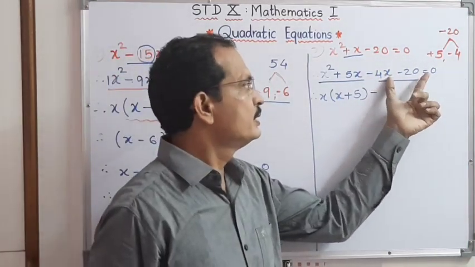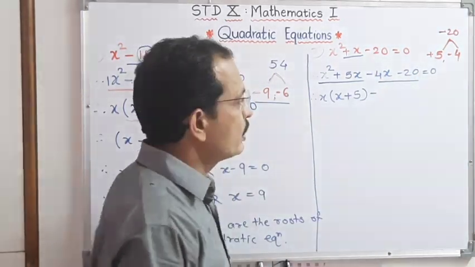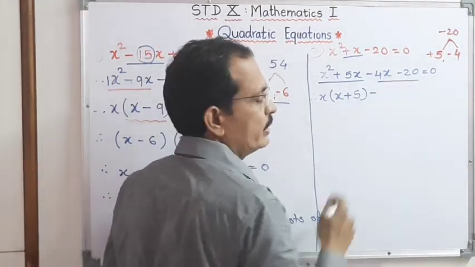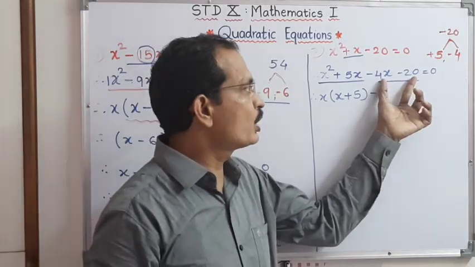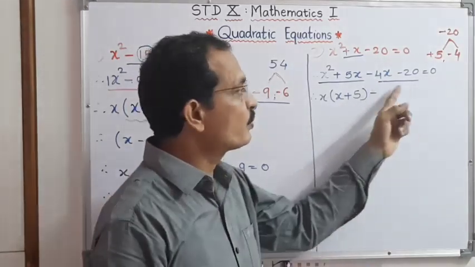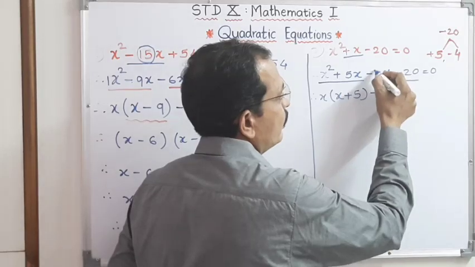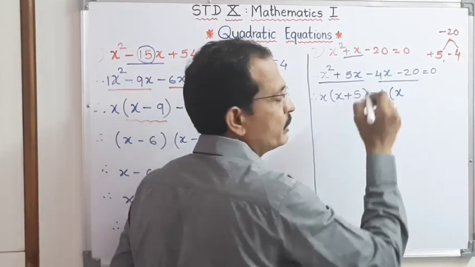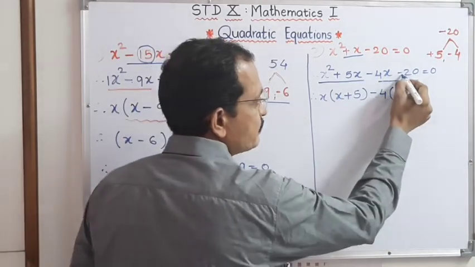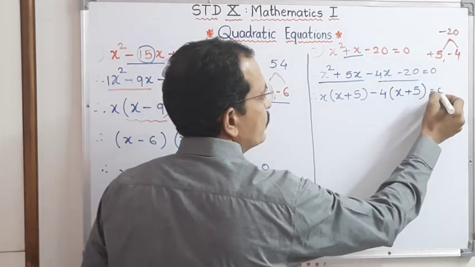Then see the next pair. Here it is x, here no variable, therefore from these two we can't take a common variable. Then see the coefficients 4 and 20. Which is the smaller one? 4. In the table of 4 there is 20, yes, 4 fives are 20. Therefore we can write 4 as common. From 4x we take 4 as common, therefore we write x, and 4 fives are 20, equal to 0.